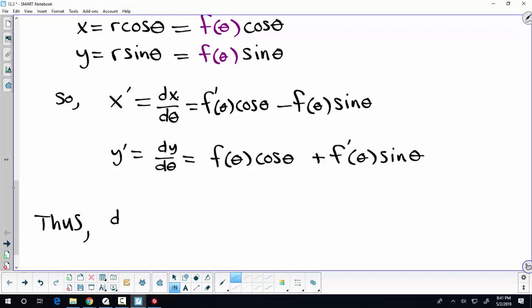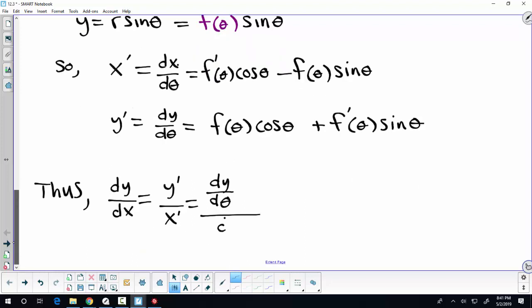Thus, the derivative of y with respect to x is, we can call that y prime over x prime, as long as we know that we're talking about the derivative of y with respect to theta and the derivative of x with respect to theta.